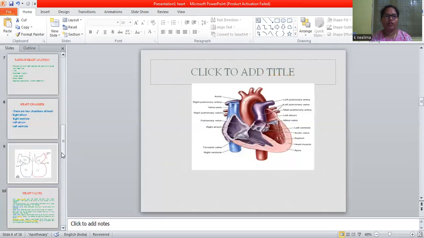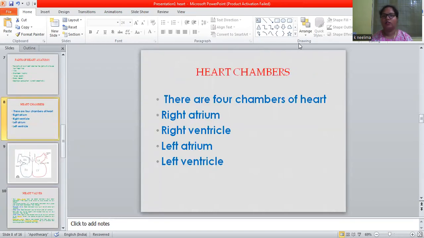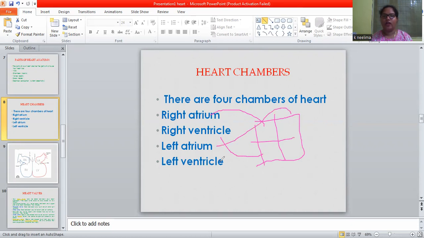We know there are four chambers present, as we already discussed: the right atrium, the right ventricle, the left atrium, and the left ventricle. These are the four chambers of the heart.